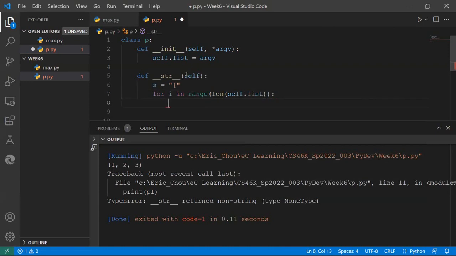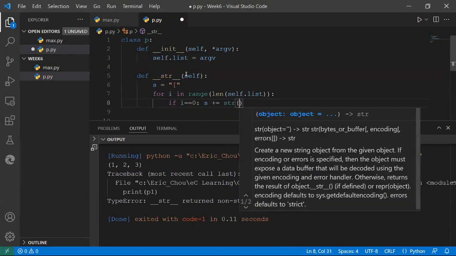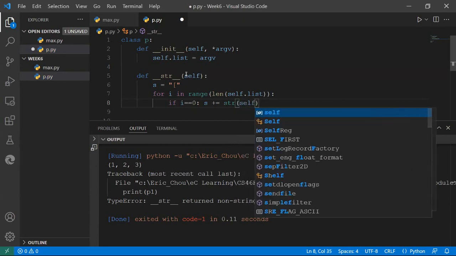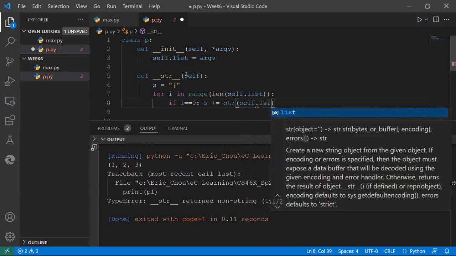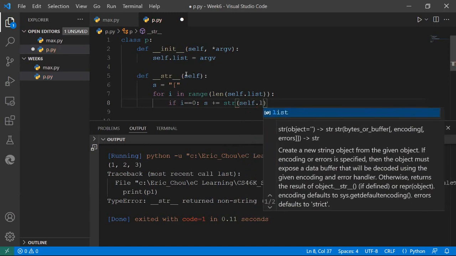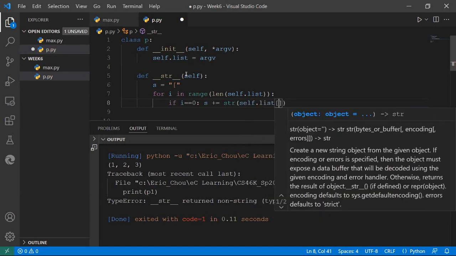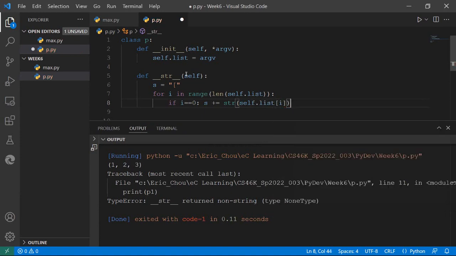If i equals 0, we do s plus equals the string of self.list i's value, we convert that to a string and add it to it.